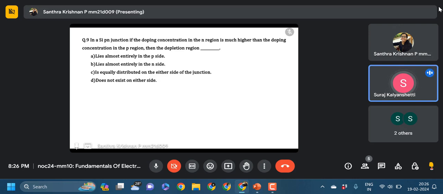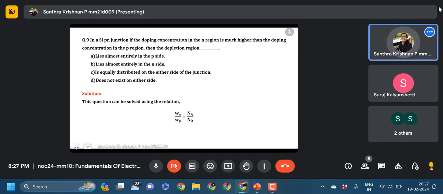The depletion region lies more in the P region, almost entirely on the P side. There is a relation for finding that, with Wn inversely proportional to the doping concentration. So the depletion region will lie almost entirely in the P region.